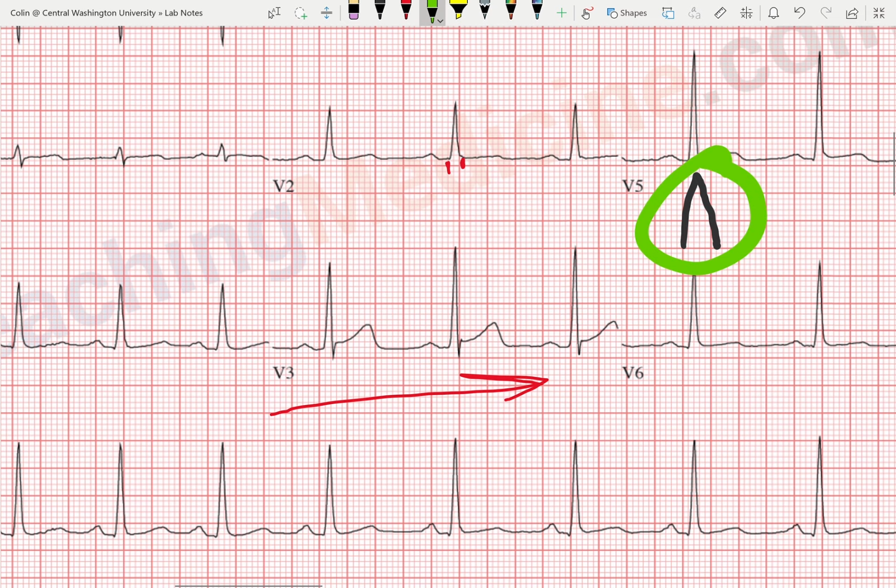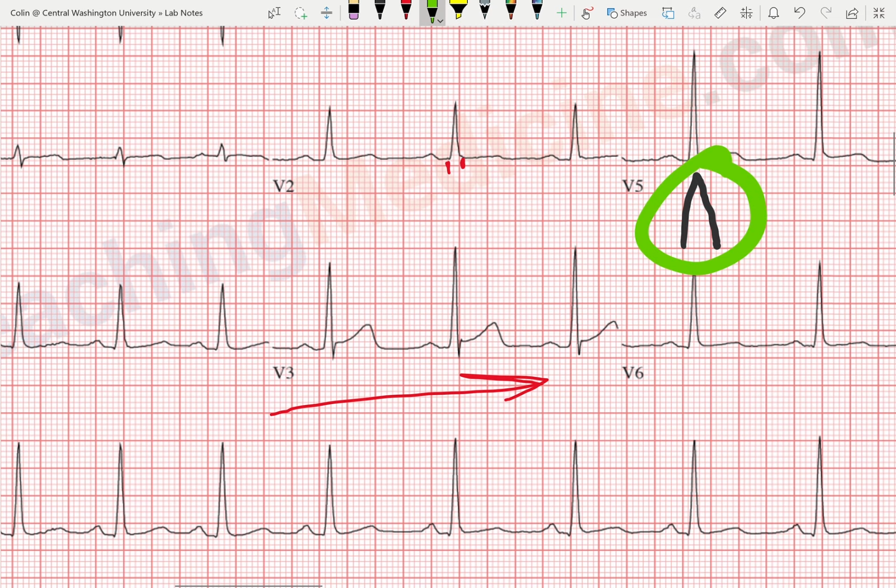Lead 2, okay? There is your P wave. This whole guy right here is your QRS complex, and there's your T wave. But we notice, count how many boxes from here to here, or we can even shorten it, to here.